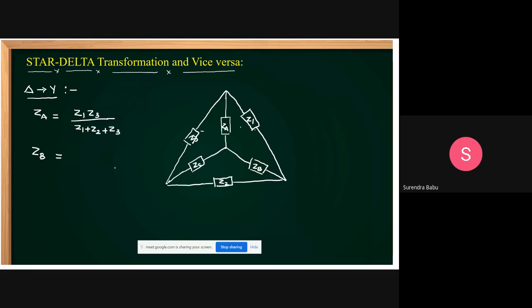Similarly, ZB equal to product of opposite, Z1 into Z2 by Z1 plus Z2 plus Z3. Can you tell what is the ZC? ZC is the product of these two, Z2 and Z3.